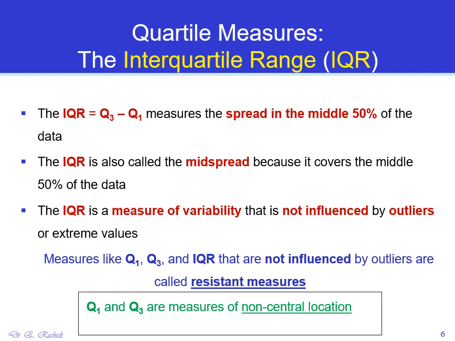Q2, however, the median, is a measure of central tendency, as you know, right? We learned about 3 measures of central tendency: the mean, the median, which is Q2, and the mode. Q1 and Q3, on the other hand, are not measures of central tendency. They are non-central location, or variability measures.